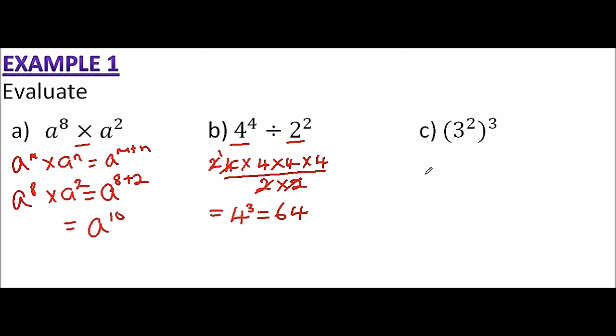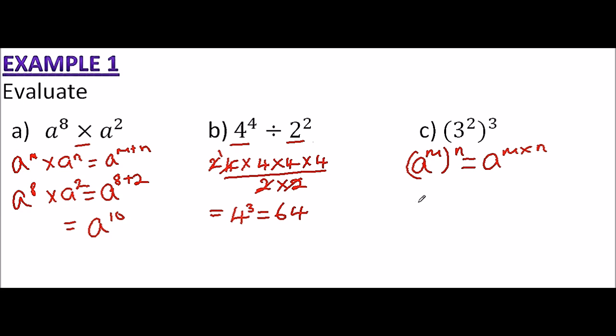Part C, we can apply the third rule of indices, which states that a to power m, in brackets, to power n, is equal to a to power m multiplied by n. You don't have to write the rule all the time, but I'm doing that so that you are able to follow.